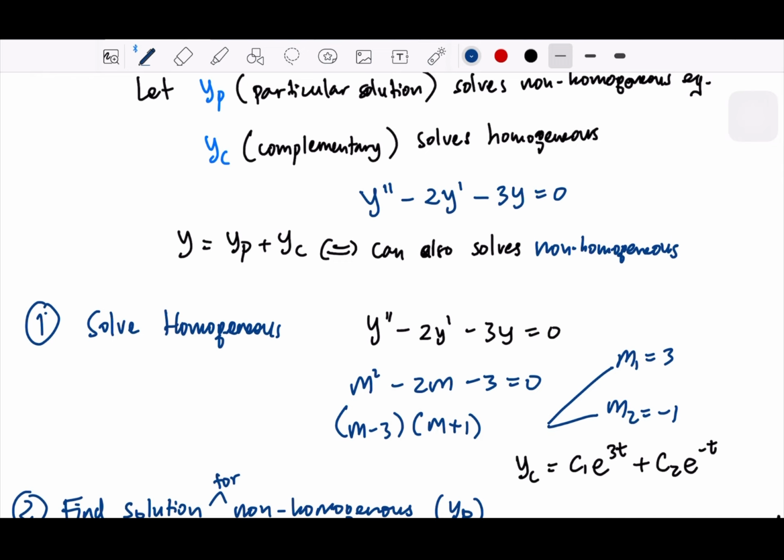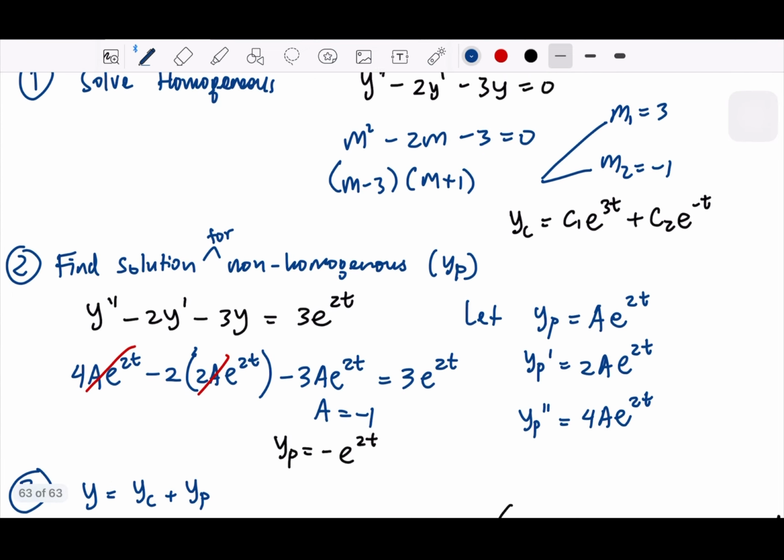After that, we are going to find the particular solution for the non-homogeneous equation. How do we find it? We are going to set some guesses. For example, we look at the form: we have e with power of 2t. What kind of y would we like, such that when we differentiate it the first time and the second time, it still has the same structure?